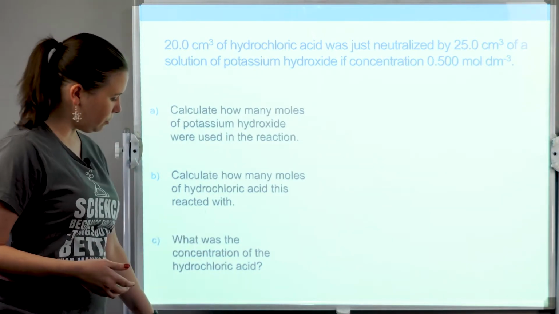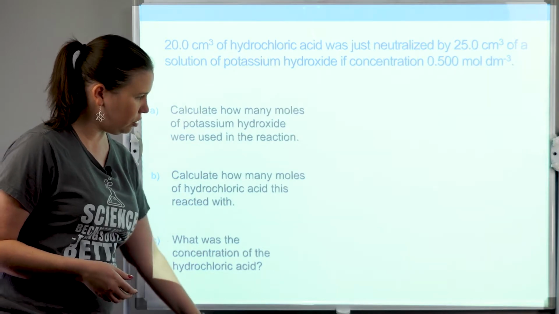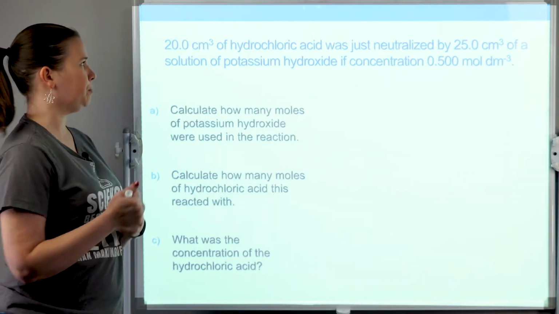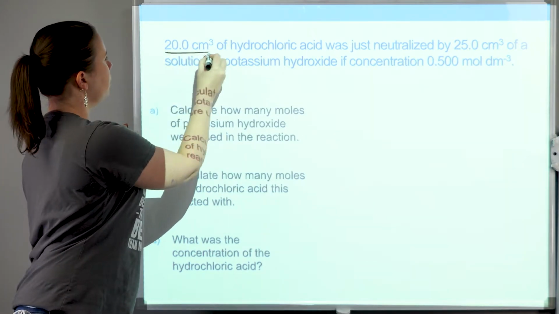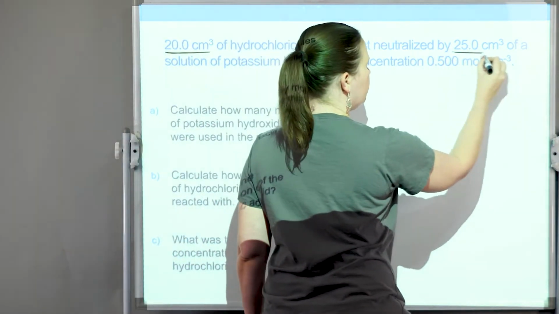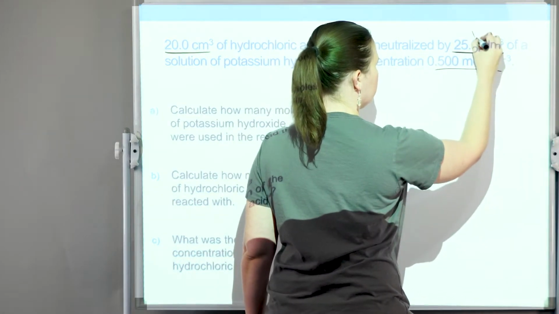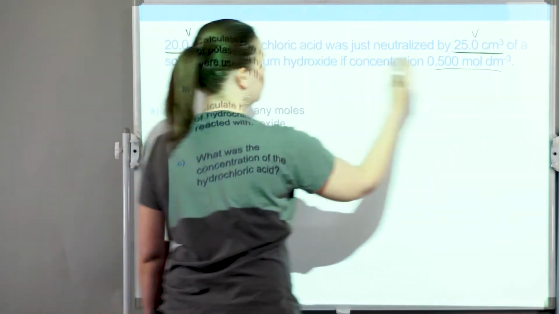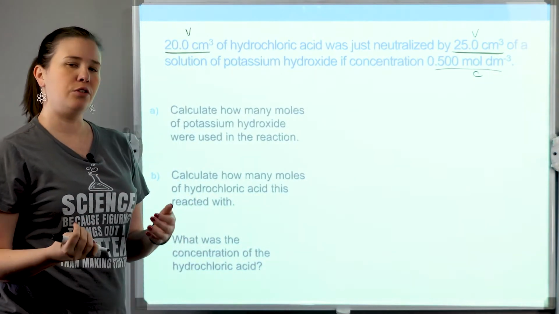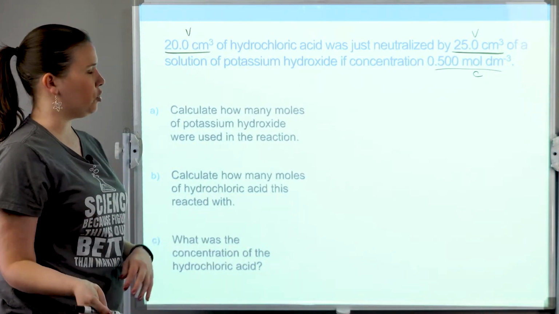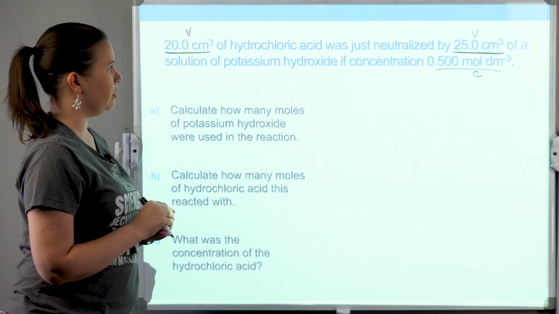So let's look at an example question of what a titration calculation is going to look like for IB. It's going to be a word problem, of course, and they're going to give 3 numbers: 2 volumes and 1 concentration. Volume, volume, concentration. You've got to read carefully to determine which one is the titrant and which one is the thing we're trying to standardize.